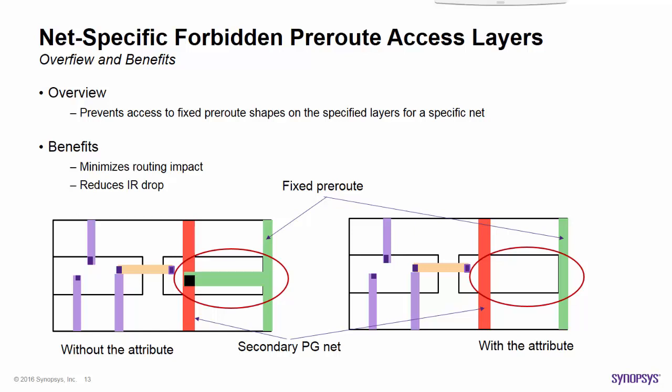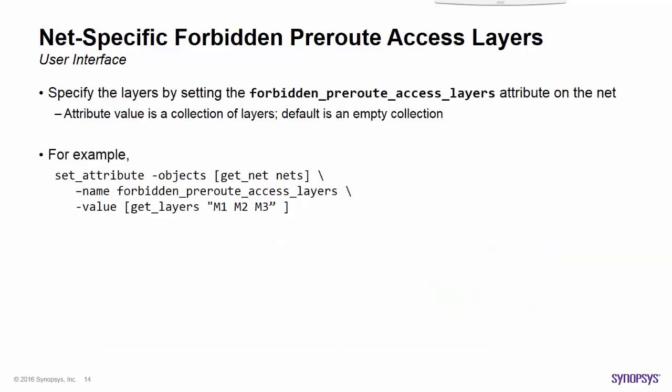ZRoute should not access any fixed pre-route of the given net on specified layers. User interface. As shown in the example, ZRoute will respect net-based forbidden pre-route access layers and will avoid access to fixed pre-route shapes on layers M1, M2, and M3.